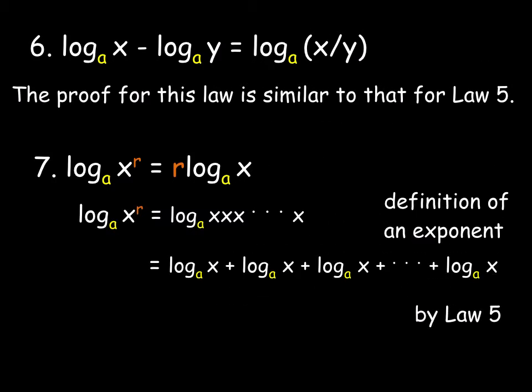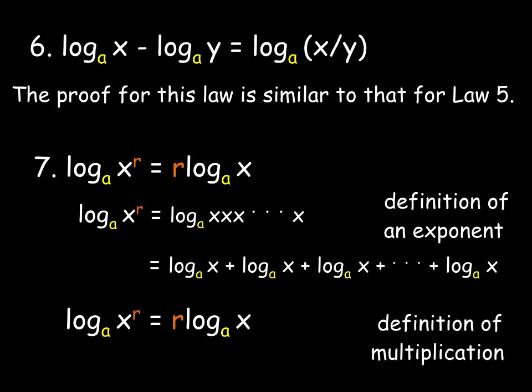This is law number 5 again. And then this sum of our terms is equal to r times the log base a of x. This is the definition of multiplication.